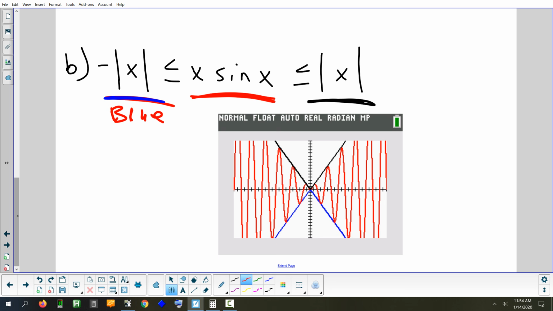It's two V shapes, and the color shows that. So it looks kind of like the last one, but it is different. Any questions on that? I think that's the first time we've ever seen a variable vertical stretch, constantly changing.